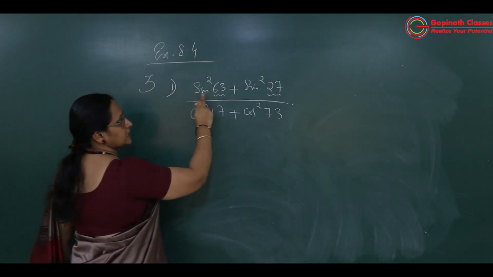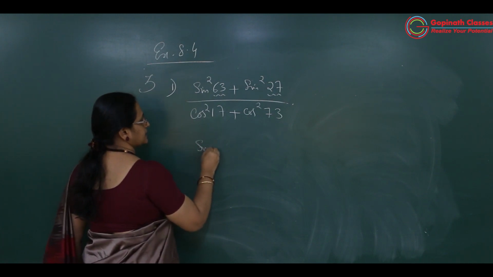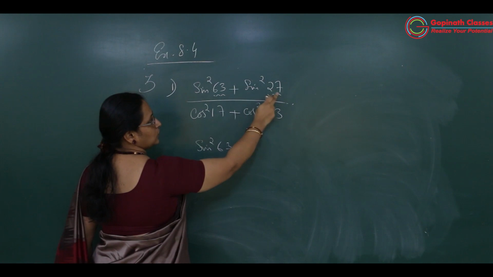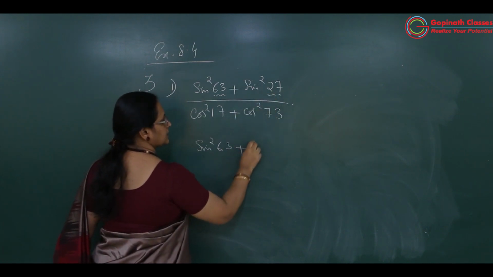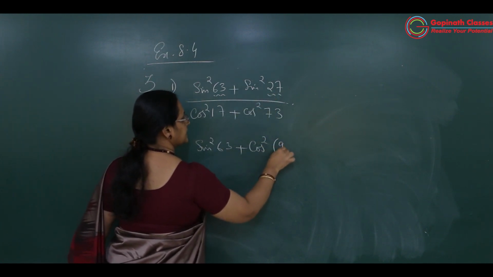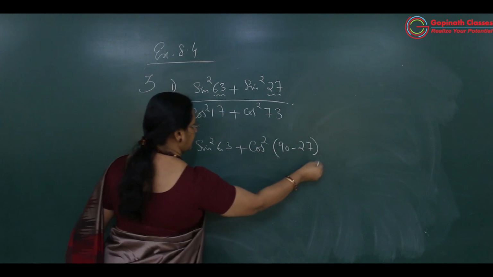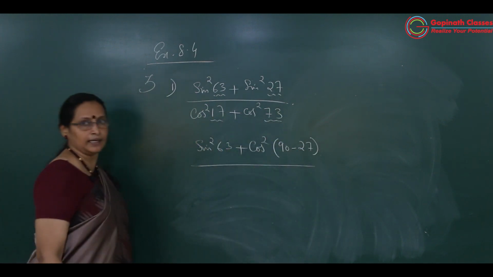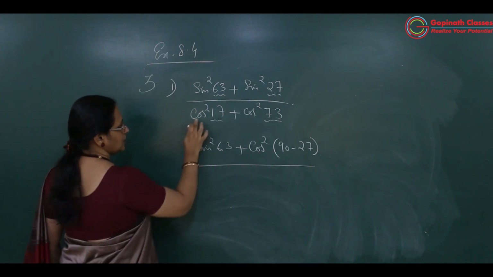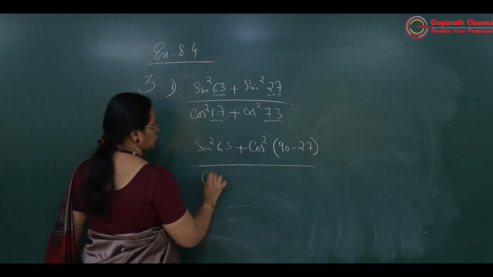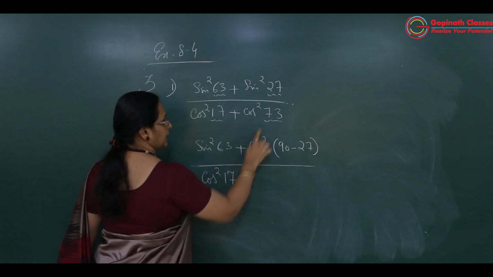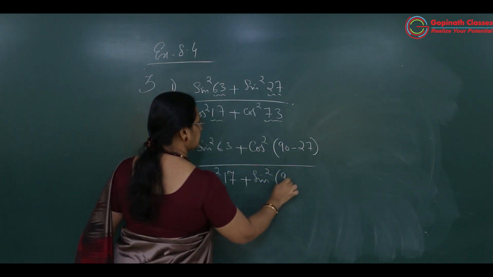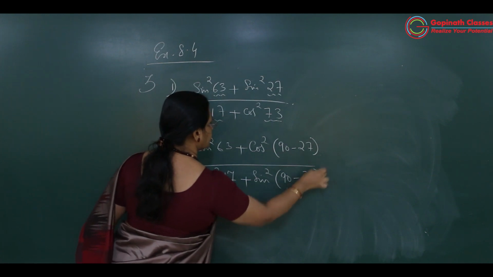So, sin square 63, I am keeping as it is, sin square 63 plus sin square 27. Sin theta is cos 90 minus theta, divided by, here you can see 17 and 73, they are also complementary pairs. So, I am keeping this as cos square 17 plus, I am converting into sin square 90 minus 73.